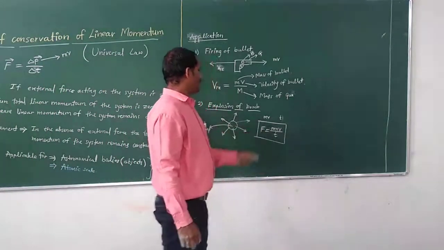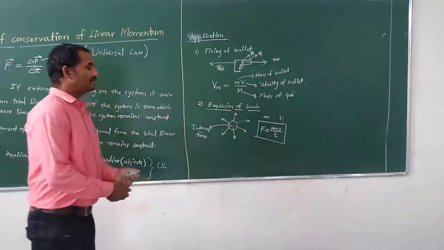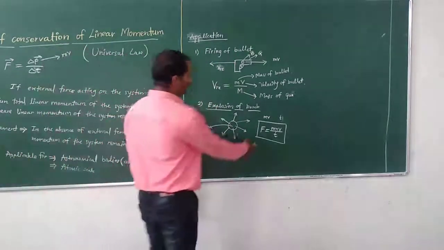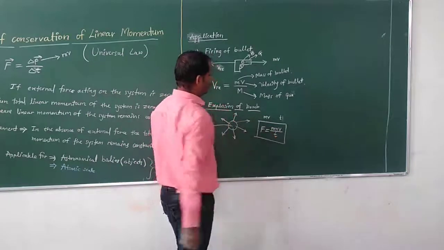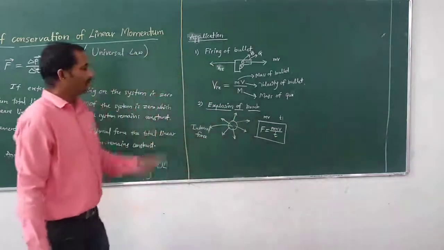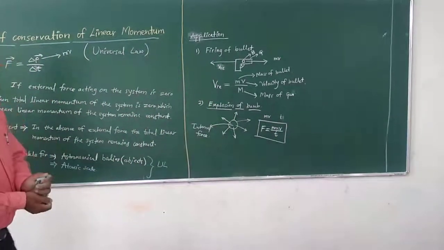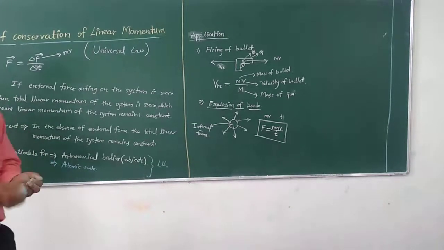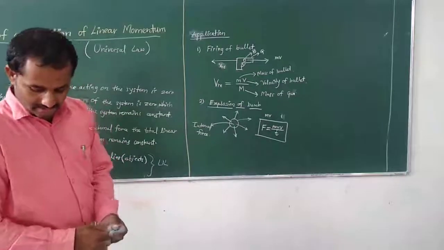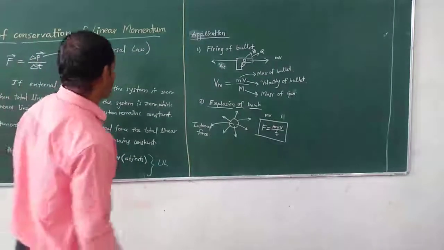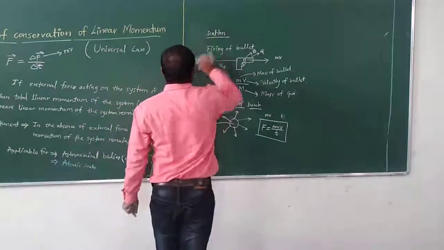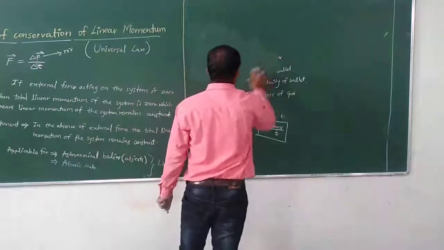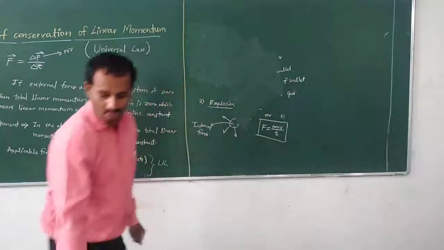Then the force acting on these particles was calculated by nmv divided by t. Here in both the cases linear momentum remains constant, right? याच्यानंतर next point is contact force.